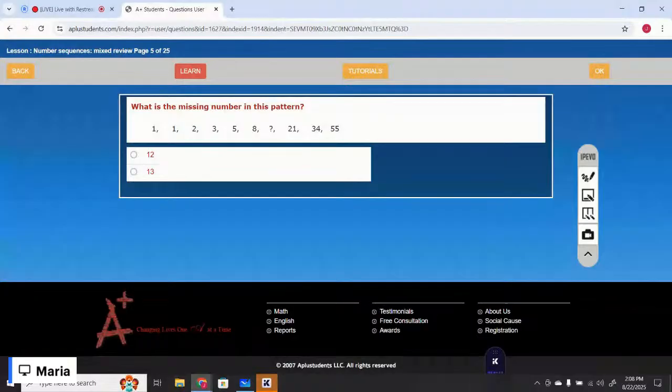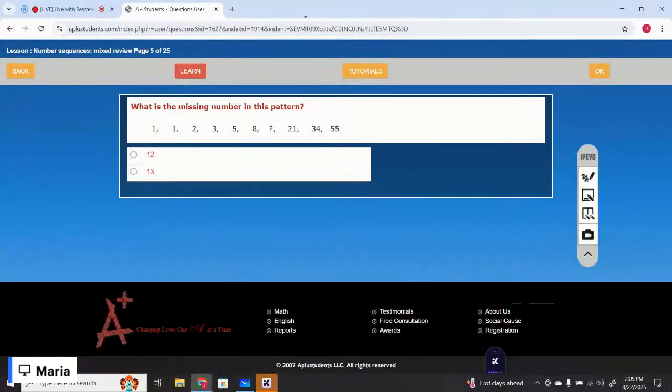What is the missing number in this sequence? 1 plus 0 is 1. 1 plus 1 is 2. 2 plus 1 is 3. 3 plus 2 is 5. 5 plus 3 is 8.